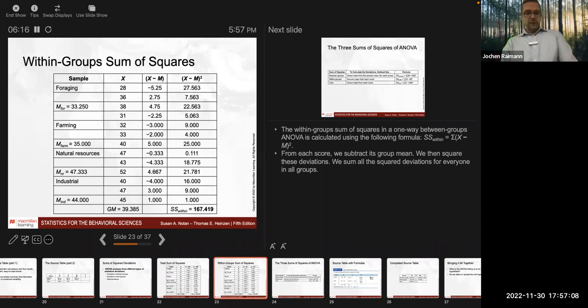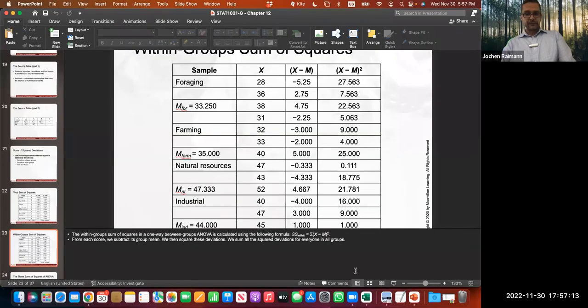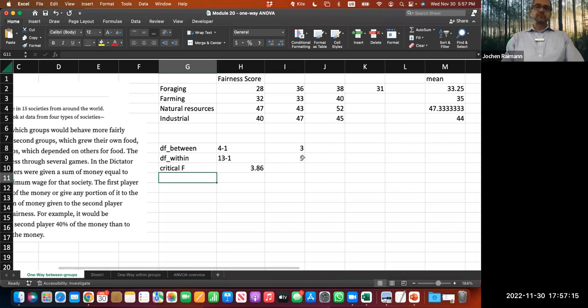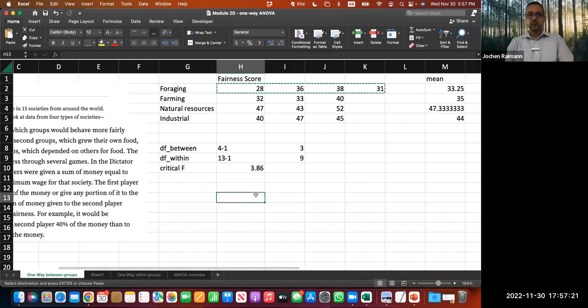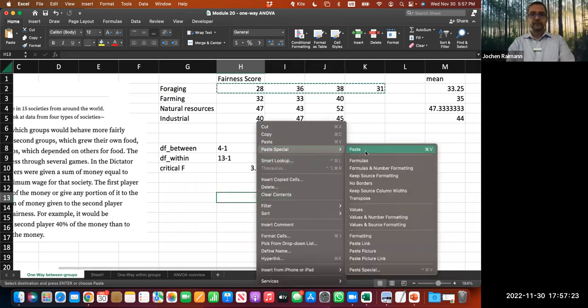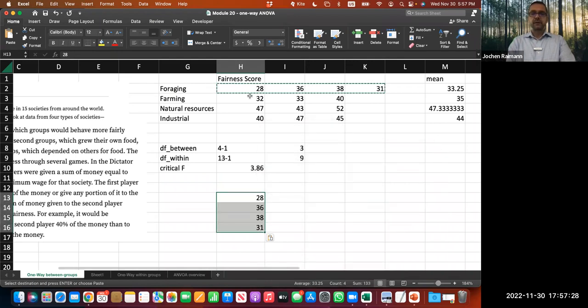Okay, so let's go to what it essentially means and how you calculate this. It's simple. The only thing you need to do is bring your data from a wide format into a long format. This is simply done by transposing it, as we've done in the past.